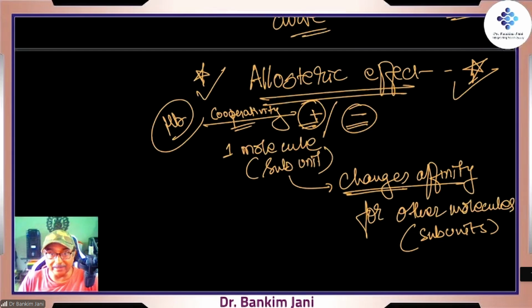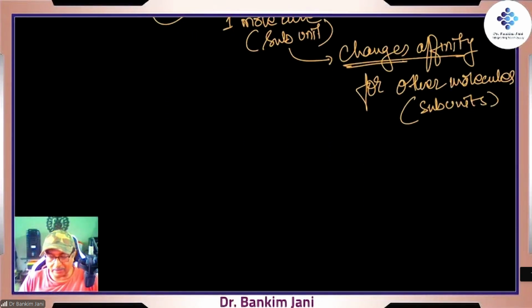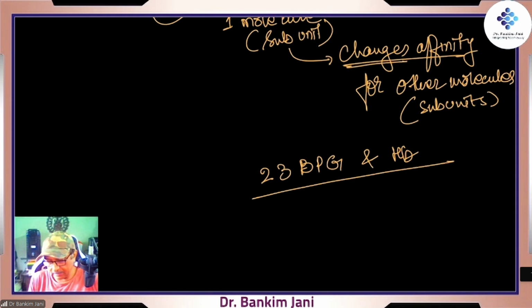But let's say if I ask a question: 2,3-BPG and hemoglobin, do they have a positive or negative allosteric effect?